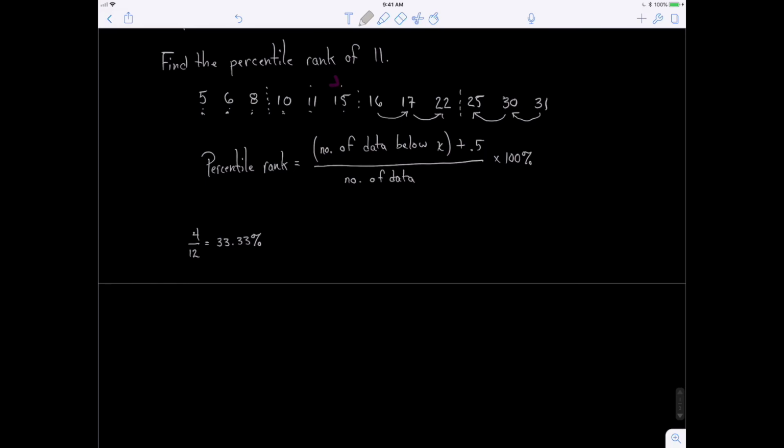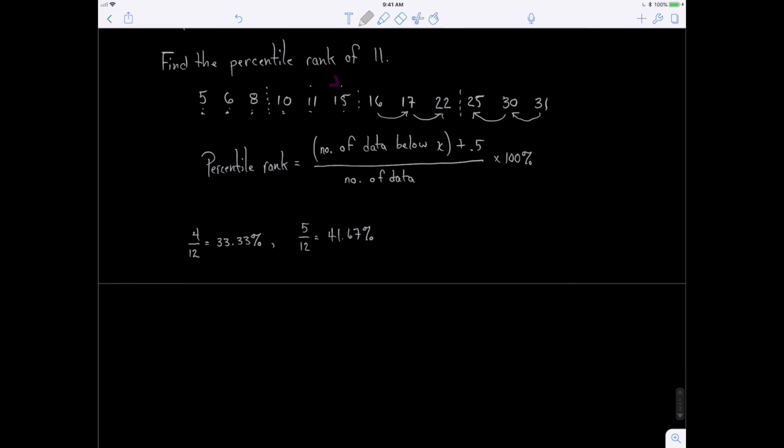Well, 11 is the 5th value. So I could go 5, and divide that by 12. And 5 divided by 12 would be 41.67%.